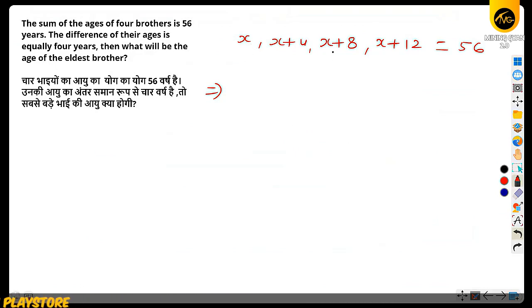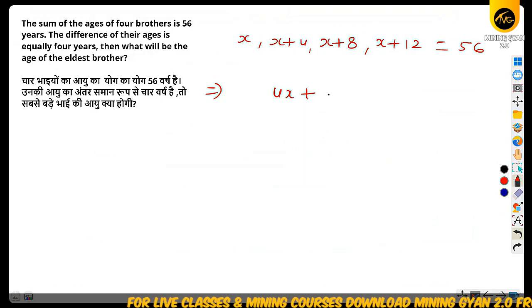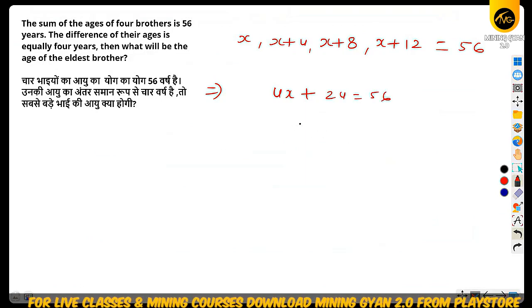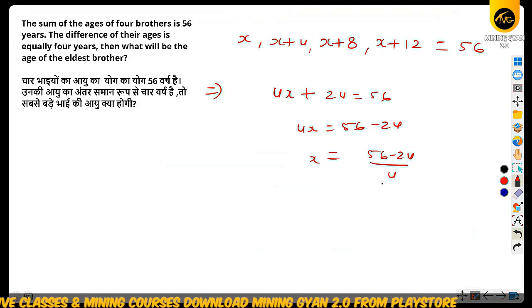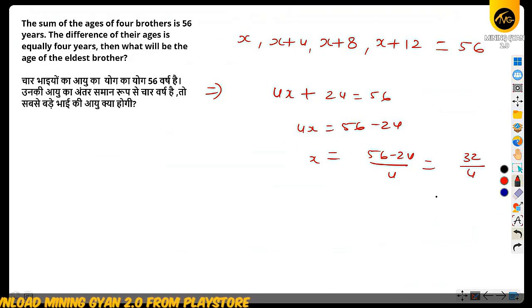So x plus x plus x plus x, that means 4x, plus 4, 8, 12, that is 24. So 4x plus 24 is equal to 56. Now 4x is equal to 56 minus 24, and x is equal to 56 minus 24 divided by 4. It means 32 divided by 4, and the value of x is 8.